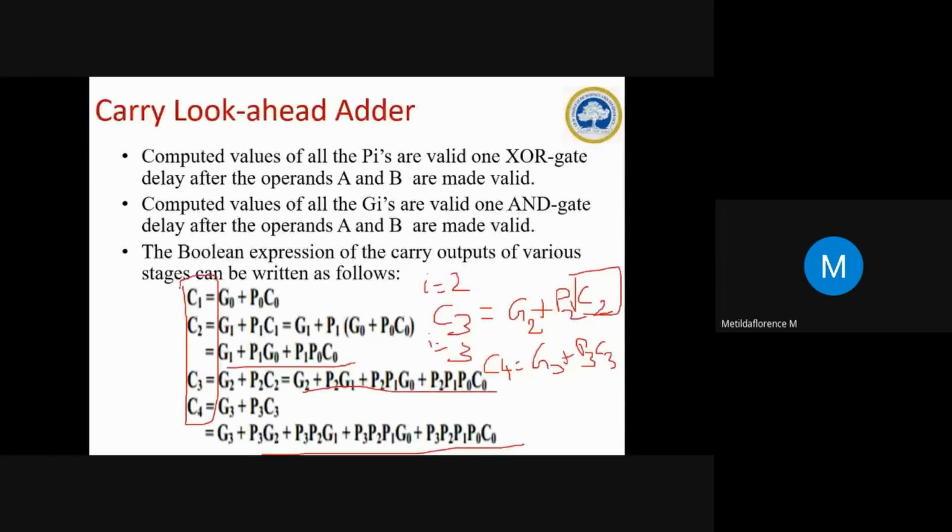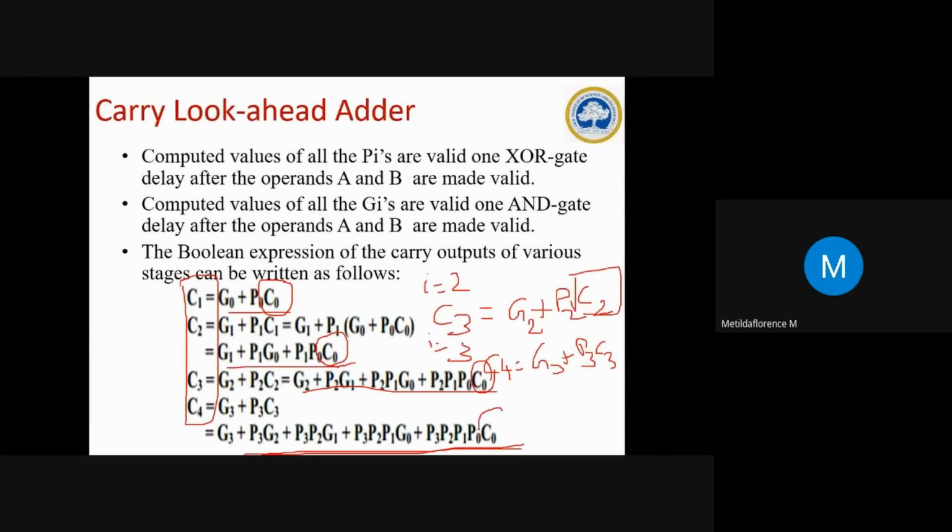And one more thing. If you see the expressions C1, C2, C3 and C4, what is common everywhere? C0 is common to all. P0 is also there, but here we are concentrating on the carry C0. If you see all the expressions, all are written in terms of C0.